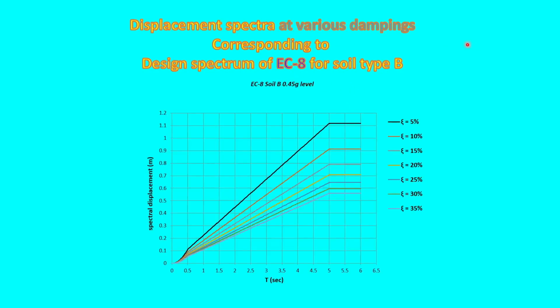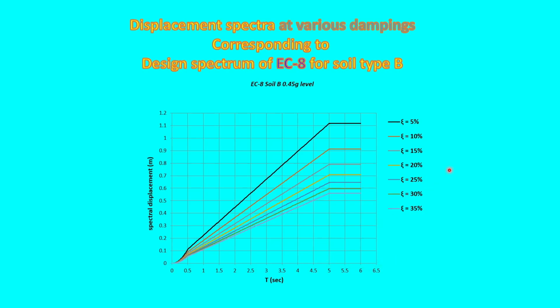Same thing if we see in the EC8 code for soil type B at various dampings, it is like this. We have shown here from 5% to 35%. These curves you can get through an Excel sheet. If you put the formula given in the code and take various time periods, then you get this.